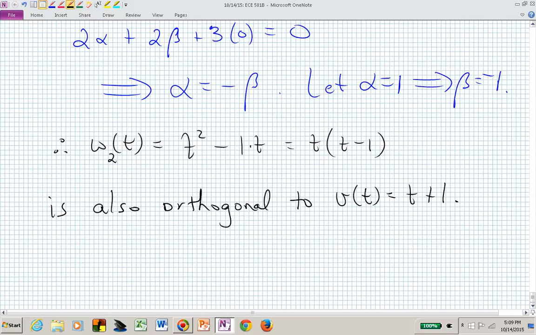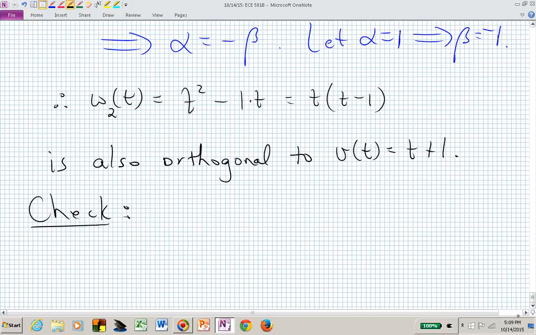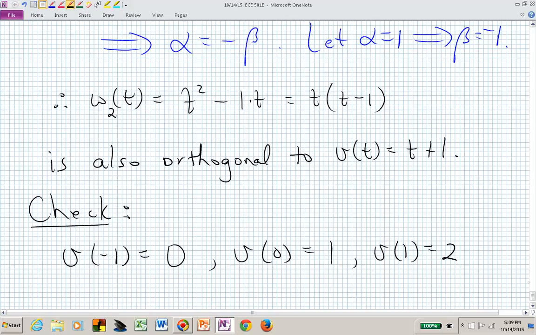And we could check that if you wanted. Right? We know how or what that needs to be. We could say, well, what's the check on that? Maybe I don't believe that. Well, if you look at V of minus 1, we've seen that many times. That's 0. V of 0 is 1, and V of 1 is 2.